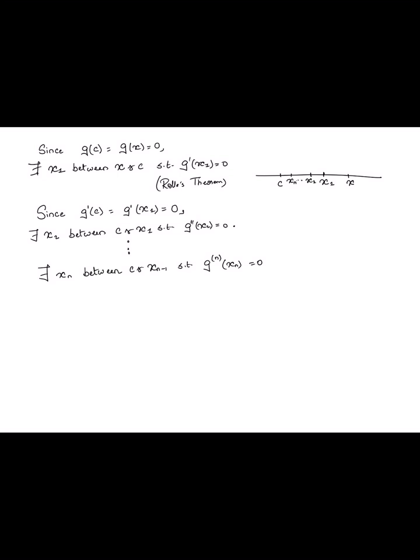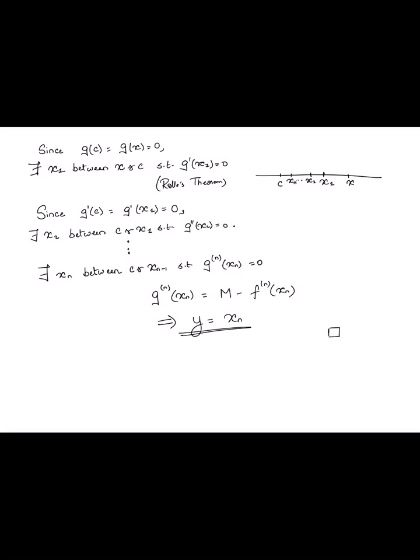Okay, now we go back to the definition of g and in fact check that the nth derivative of g at xn is exactly the same as m minus fn of xn, right? In other words, the point xn that we have found is in fact the point y that we were interested in. In other words, the characterization of the remainder of Taylor's theorem is in fact correct.